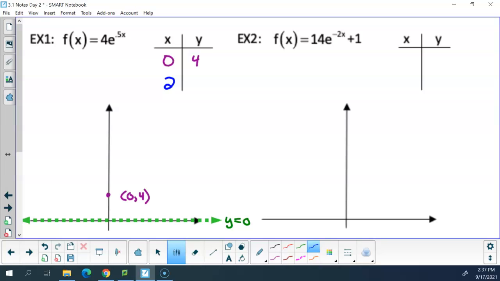We'll approximate. 2.7 times 4, about 10.8.